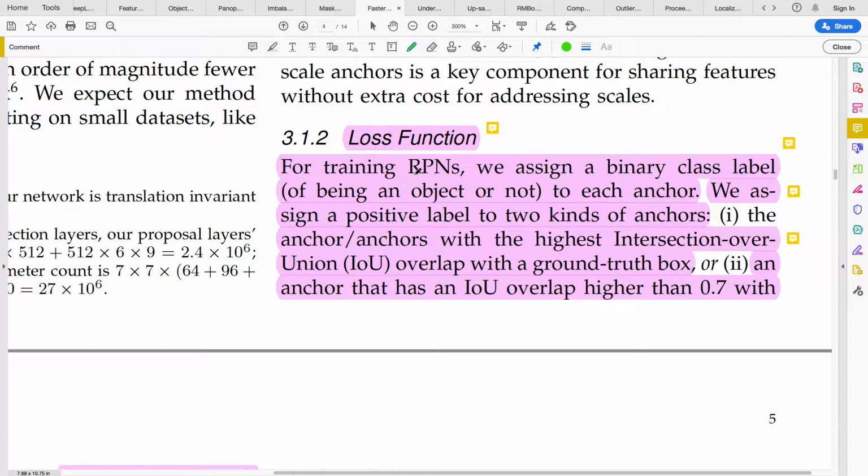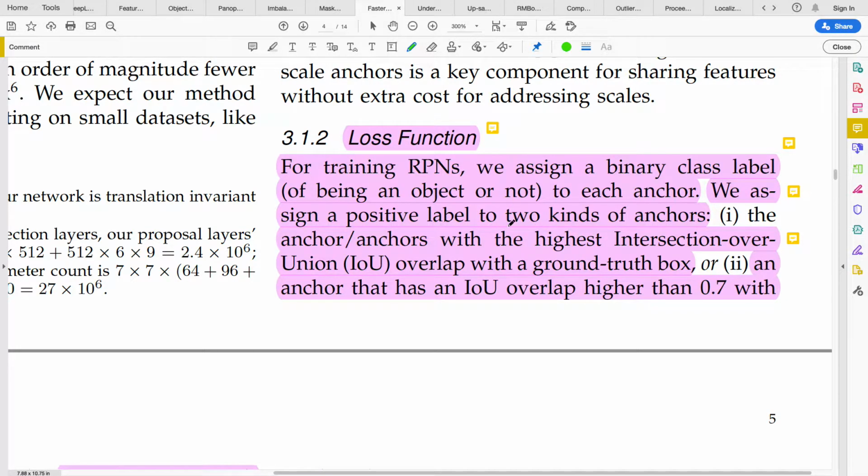We've talked about the region proposal network, and we have an anchor, and so we use the loss function to refine the anchor as to whether it contains an object or not, and to make sure that it matches the ground truth as much as possible.